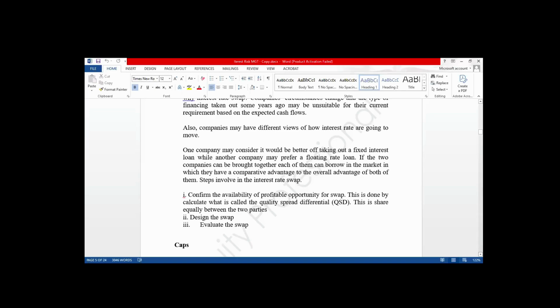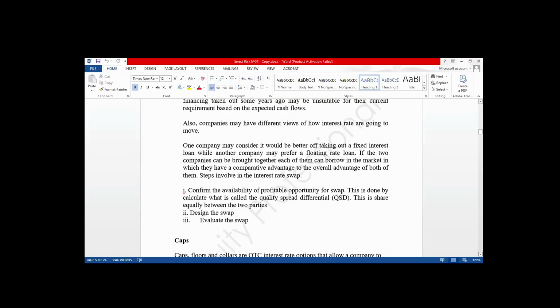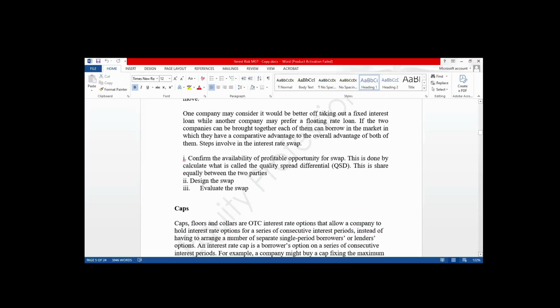If you are faced with question on interest rate swap, there are 3 steps involved. Your step number 1, confirm the availability of profitable opportunity for swap.